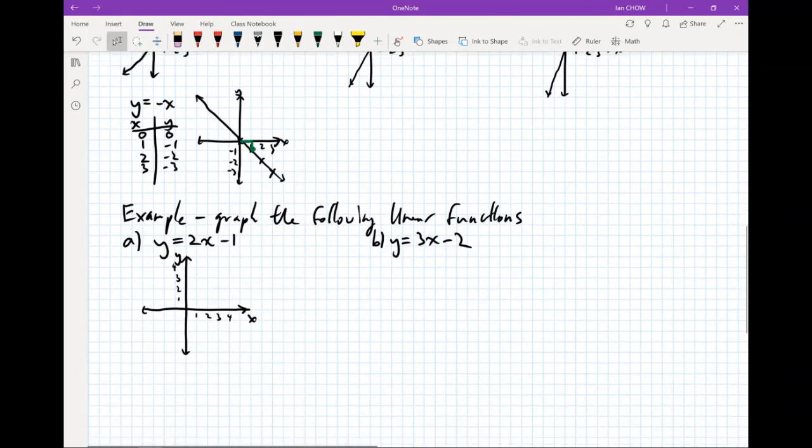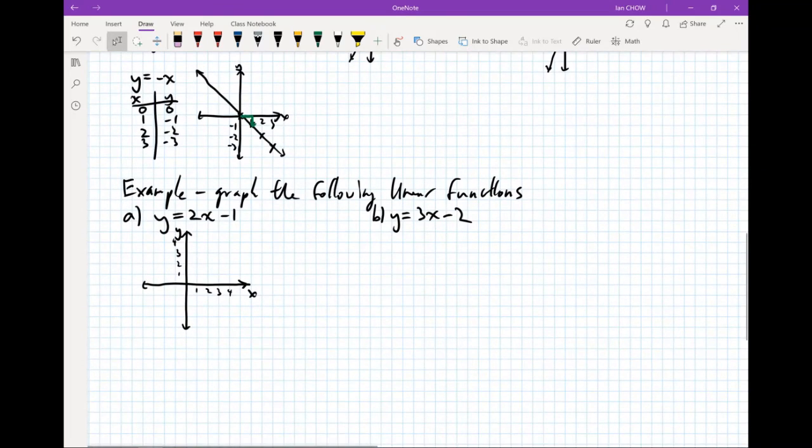In our function we have a minus 1, which means that our line is going to pass through negative 1 over here. So we're going to start off here, at negative 1.